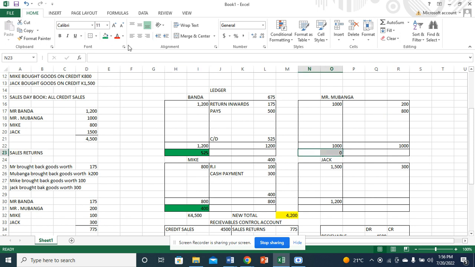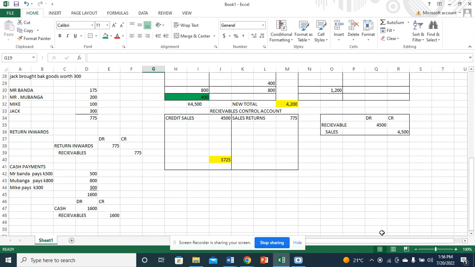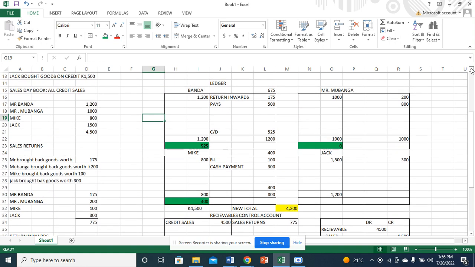Then Jack. Did Jack pay? Oh, it's only these three. So we find out how much everyone is owing us in total, the new total.